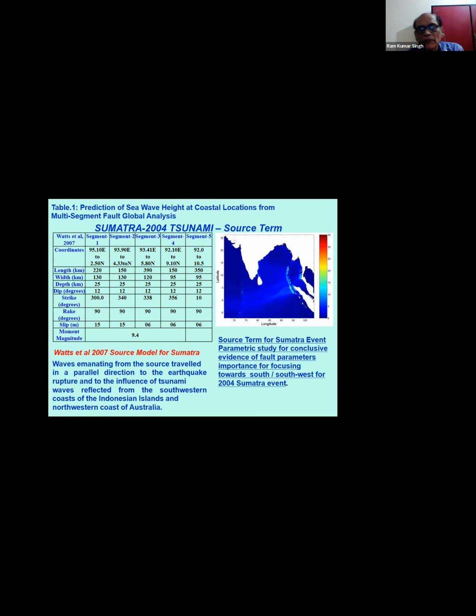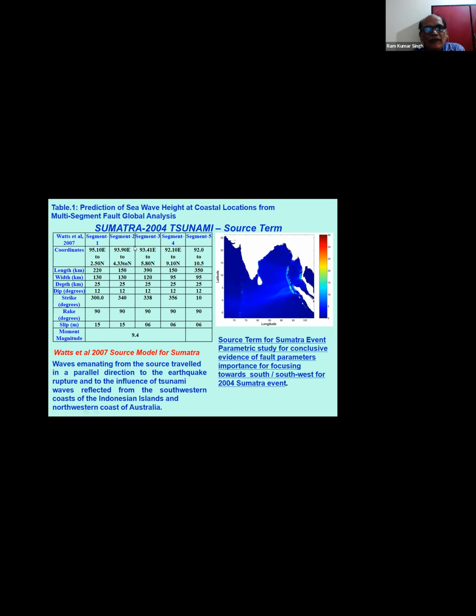So the other important aspect was that normally the simple model of the sea earthquake is a single static bottom displacement model, but later on it came to our knowledge that this was a long rupture and there was a finite time involved.